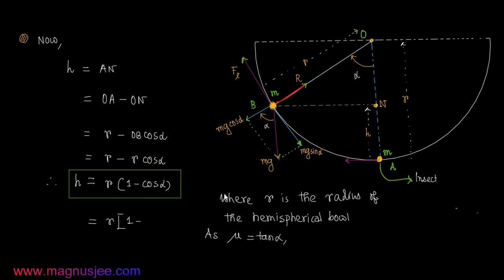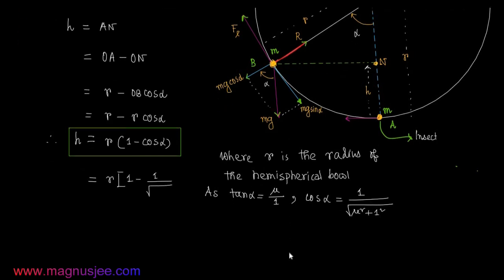As the coefficient of static friction mu is equal to tan alpha, we can write tan alpha as mu by 1. In that case, cos alpha is base by hypotenuse, which is 1 divided by root over mu square plus 1.